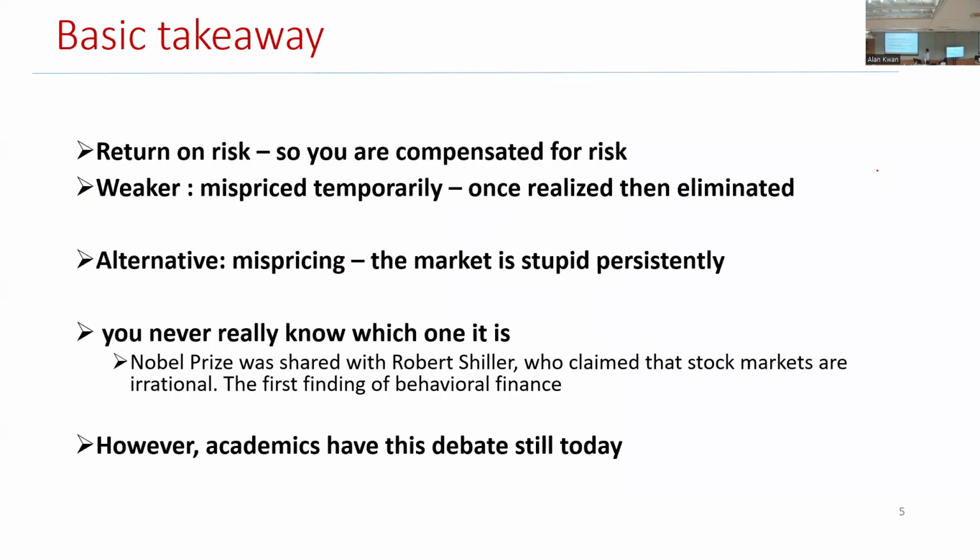Okay, so what I wanted to get after is the idea of what exactly is alpha and what is outperformance. There's a little bit of economic theory and economic history behind it.